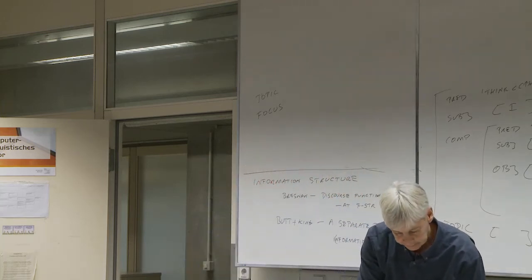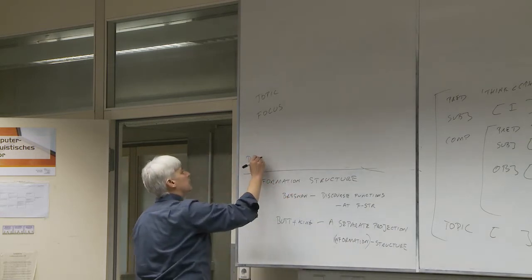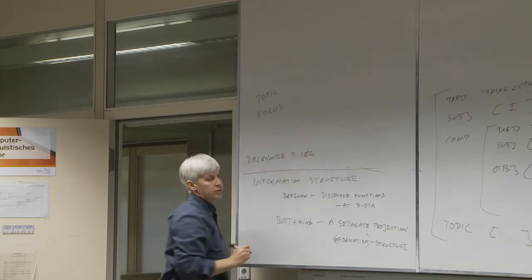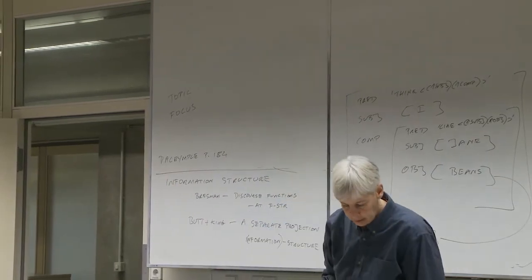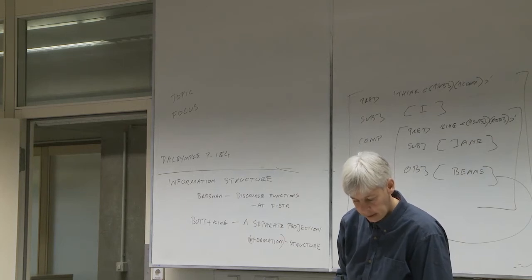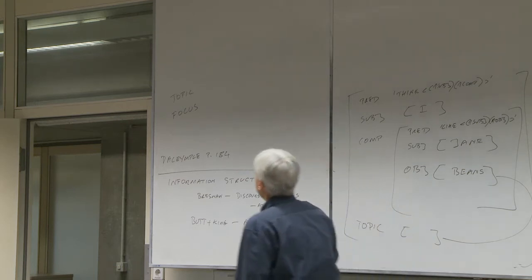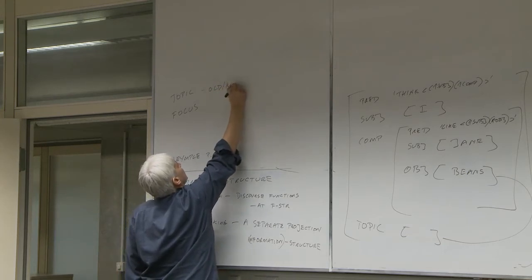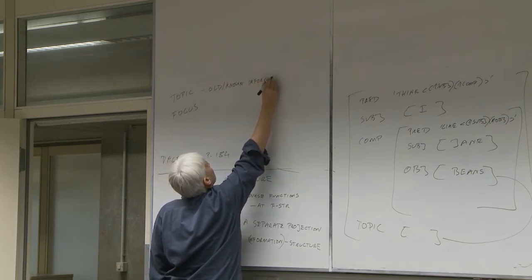If you look at Dalrymple page 184, she gives you some definitions of these things. She's actually basing herself on papers by myself and Tracy. But that's good. So topic, in our system, is old or known information.